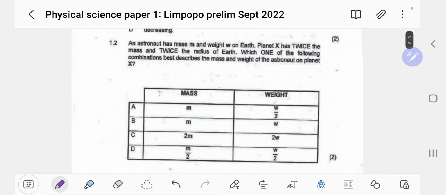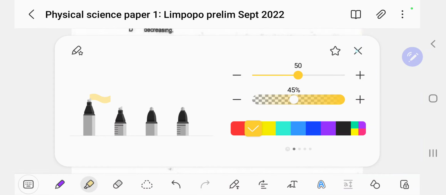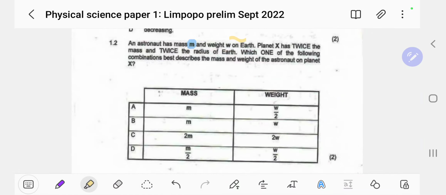Okay, let's keep moving. And then an astronaut has mass m and a weight w on Earth. So what is the mass of the astronaut on Earth? It's m. And what about his or her weight on Earth? It is w.